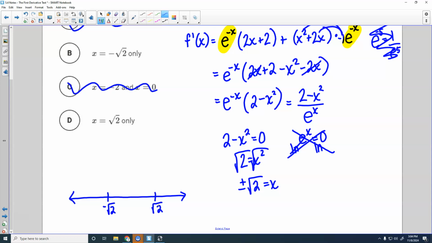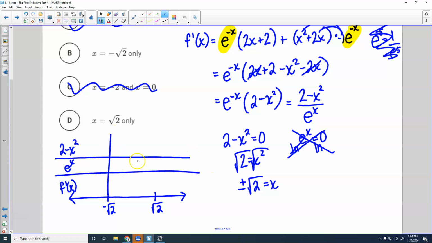You can do 2 minus x squared and e to the x, and then you'll have your f prime of x here. But we just said e to the x is always positive, right? E to any power is always positive, so you're really only thinking about plugging numbers into this part right here.